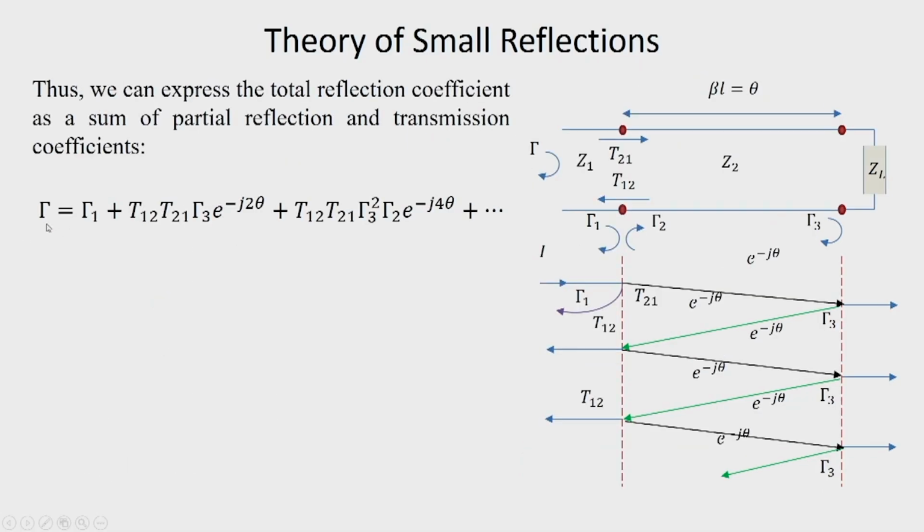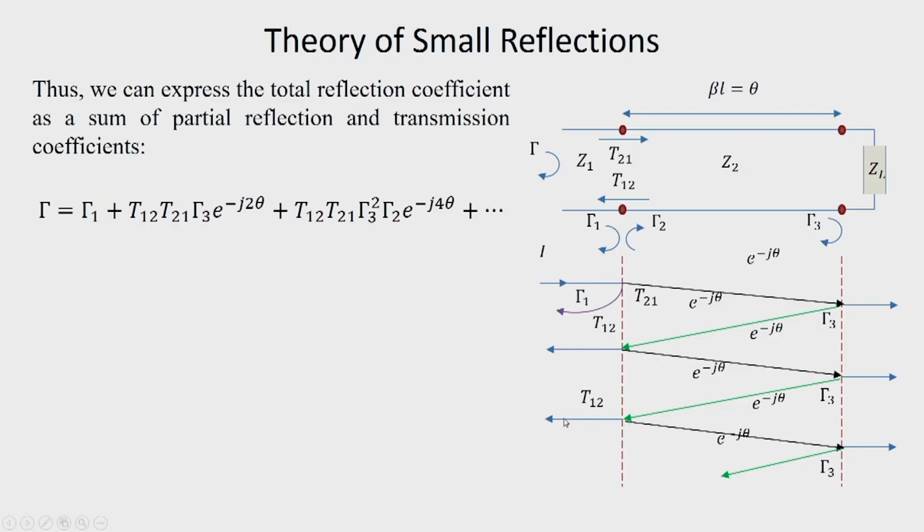So, we can write gamma is equal to gamma 1, the first one, then T21 e to the power minus j theta, gamma 3 e to the power minus j theta, T12. That means, this term becomes T12 T21 gamma 3 e to the power minus j 2 theta.